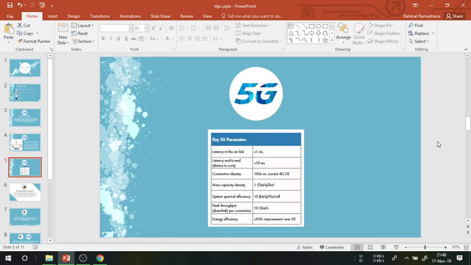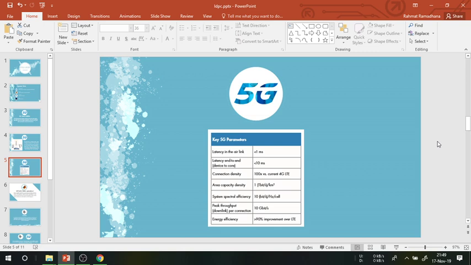And then these are the 5G parameters. Latency in the air link under 1 millisecond. Latency end-to-end, device to core, under 10 milliseconds. Connection density 100 times current 4G LTE, and area capacity density 1 terabit per second.